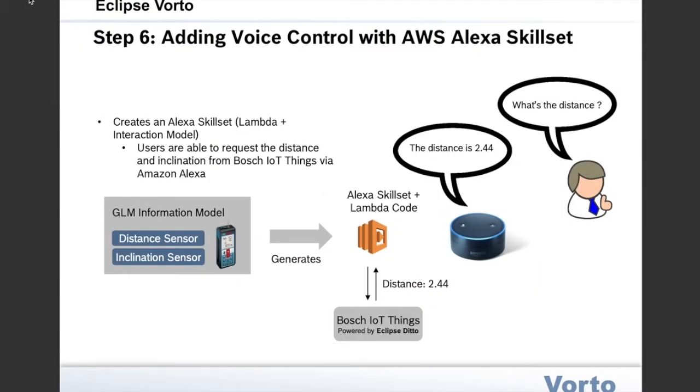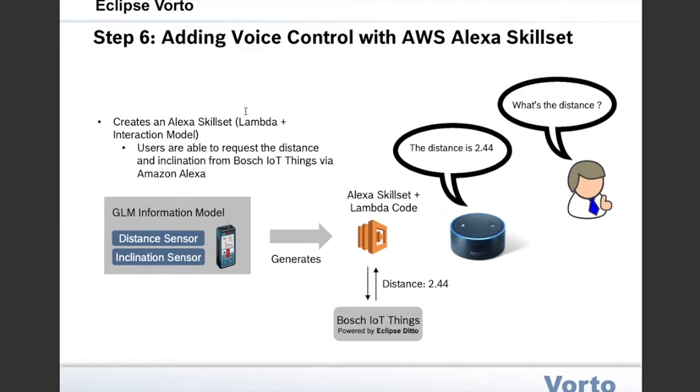Last but not least, we would like to add voice control. We can do that using the Amazon Alexa Skillset. So Vorto creates an Alexa Skillset, the Lambda Node.js function, and the interaction model, meaning the schema for the GLM, which is needed in order to instruct the Alexa service how to translate voice commands into technical commands like REST calls.